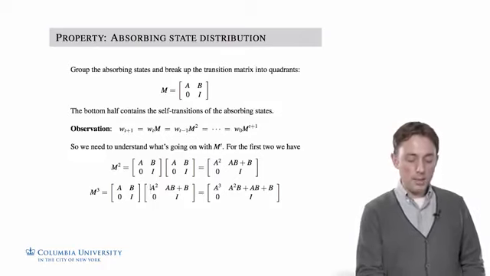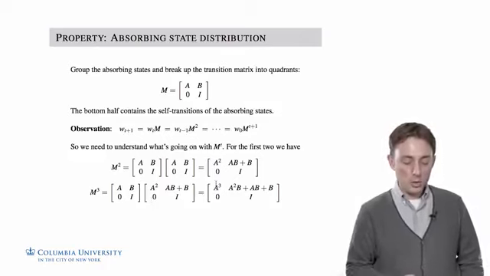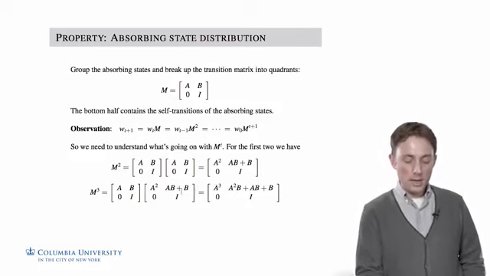Okay, so we have AB times A squared 0, that's A cubed. AB times this term, so A times this term plus B times this term. We have AB here.